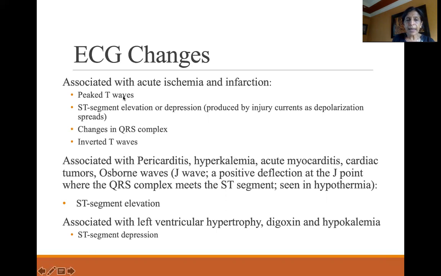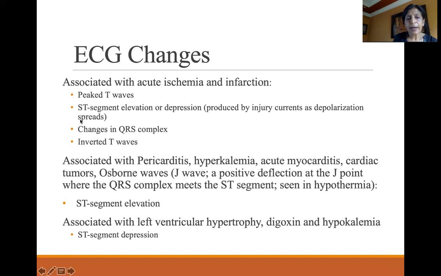Okay, peak T wave is typically where the new muscle fibers that are added to replace the last ones are trying to generate signals. So that is where it could be the peaked T wave.